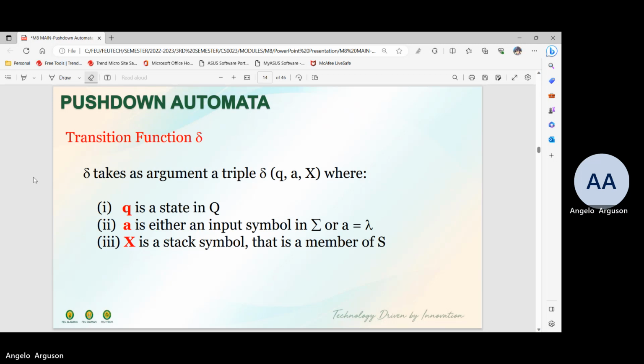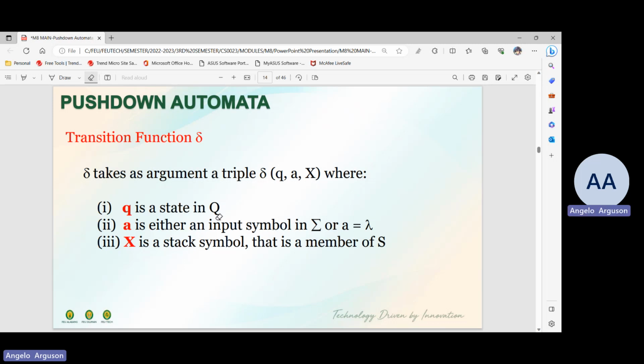Moving on, we have the transition function. The transition function takes a triple parameter. We have Q, A, and X, where Q is a state in our Q, which is, remember, the finite set of states, right? And then A is either an input symbol in the sigma or the alphabet, or A is equal to null.